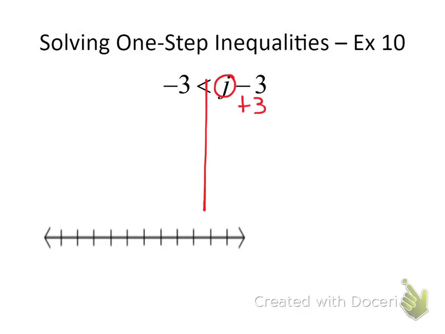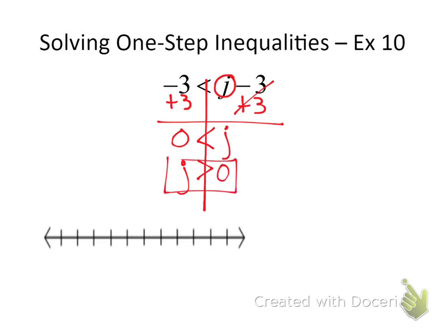If I'm just adding 3, do I flip my sign? No, my sign stays the same. So J is greater than negative 3 plus 3, which is 0. What do I do with my sign here? Keep it. But what do I need to do with my variable? Flip it. So when I move my variable to the left, the sign comes with it. So J is greater than 0.